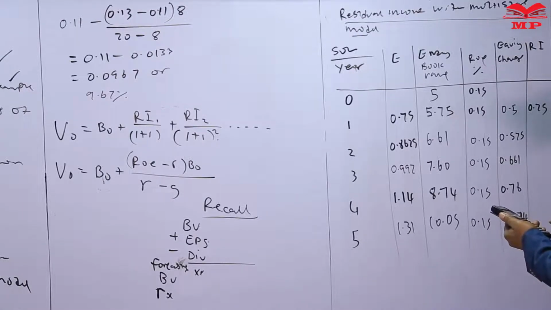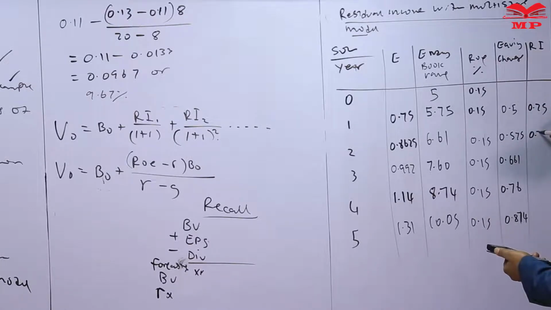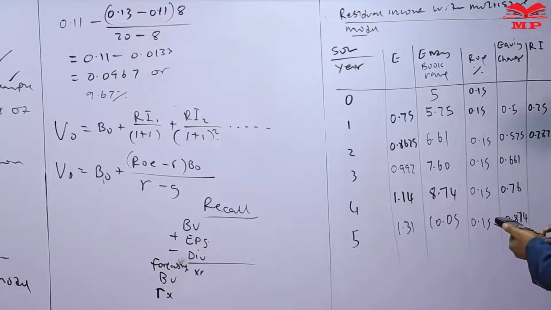Then 0.8625 minus 0.575, 0.2875. Then we have 0.992, this one minus 0.661, 0.331.